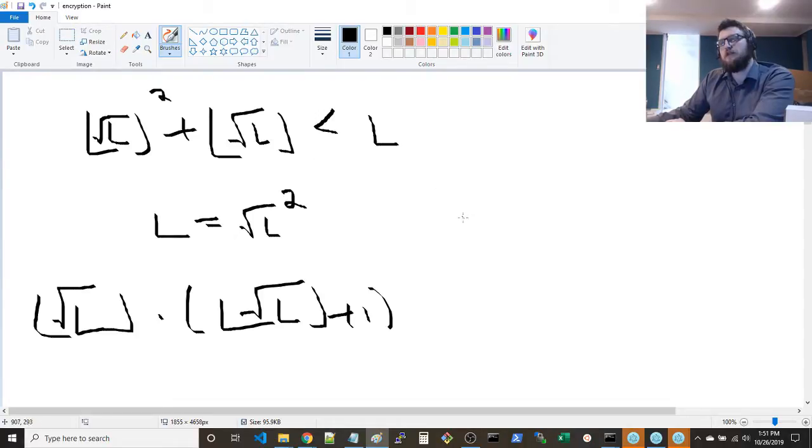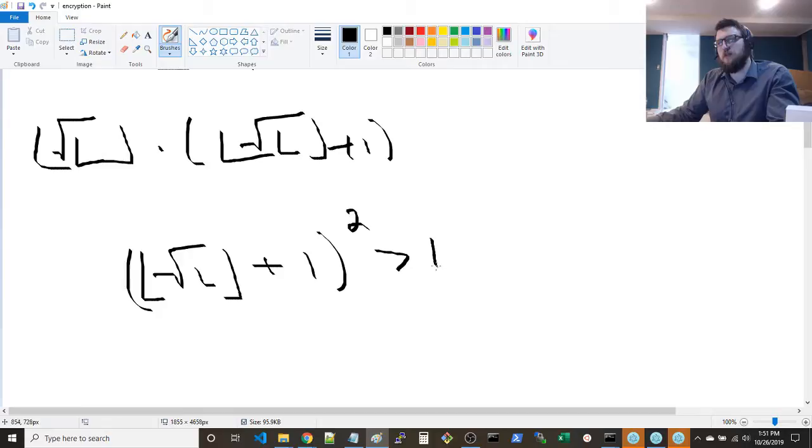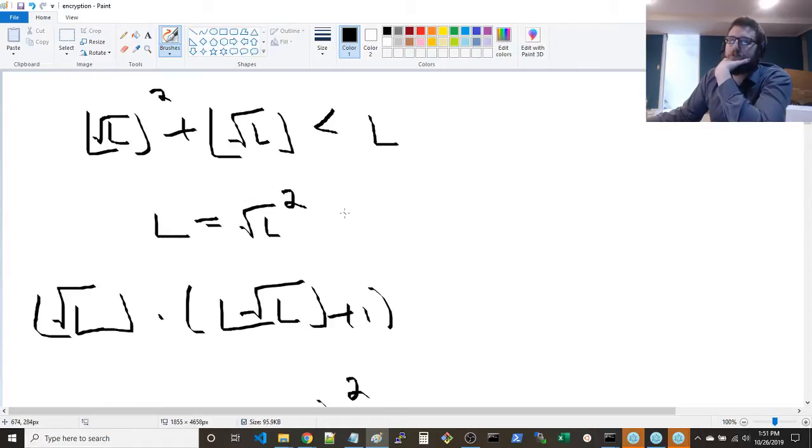So the thing is, we know that this is always larger. Square root of L squared floor, no. This is always greater than L, necessarily, right? We know that's true.